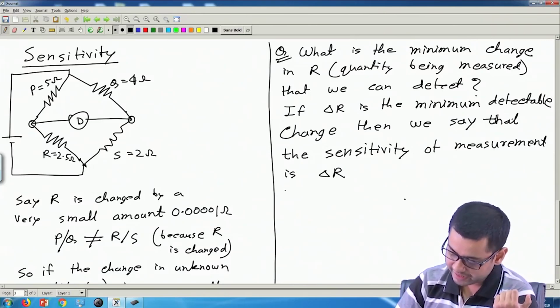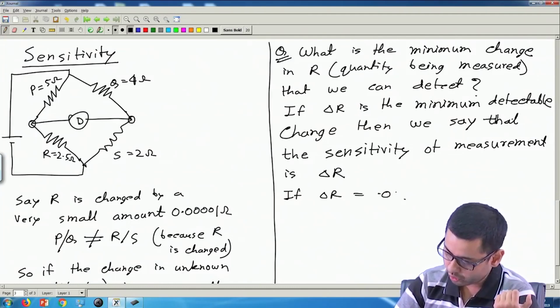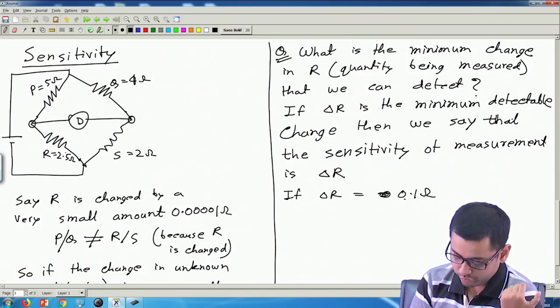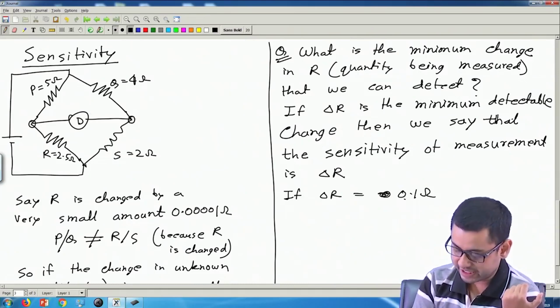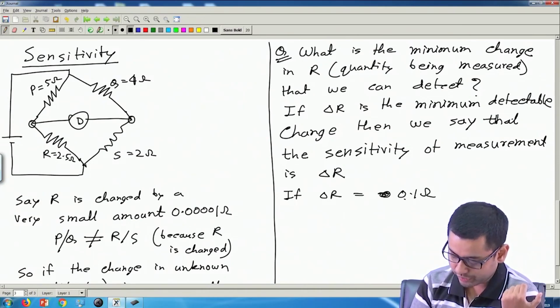If say delta R is equal to 0.1 ohm, that means we can distinguish between 2.5 and 2.6 ohm. If the value of R is 2.6 ohm, there will be some observable current here, and the bridge we will say is not balanced. But if it is 2.5 ohm, then no current flows.